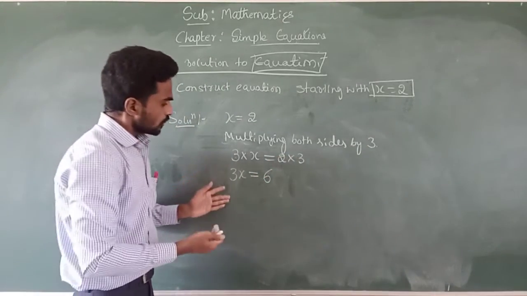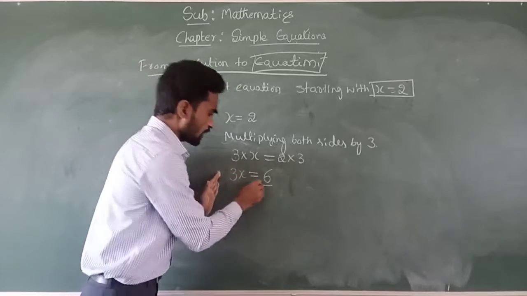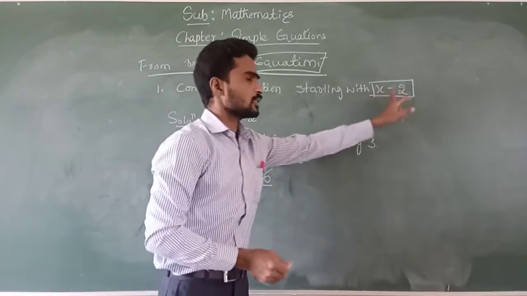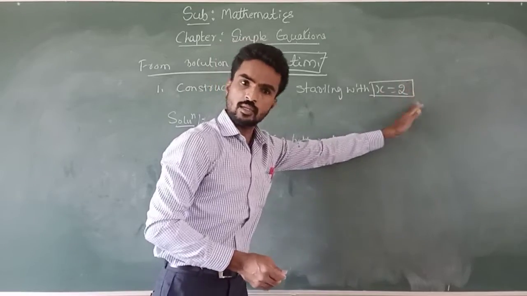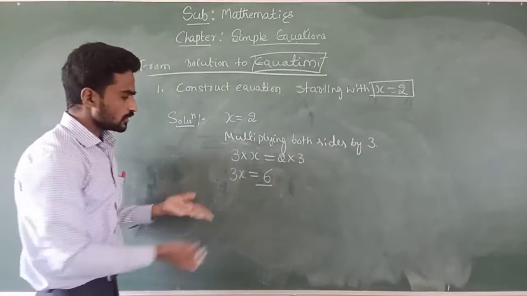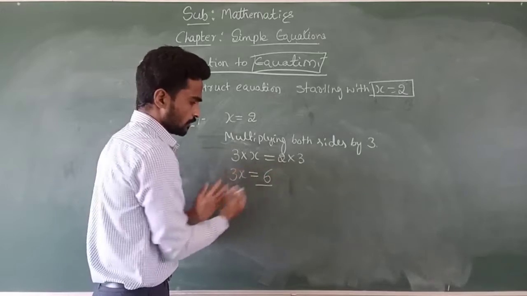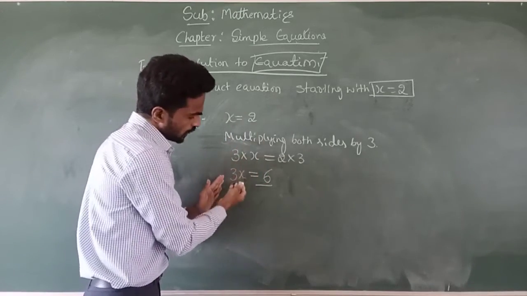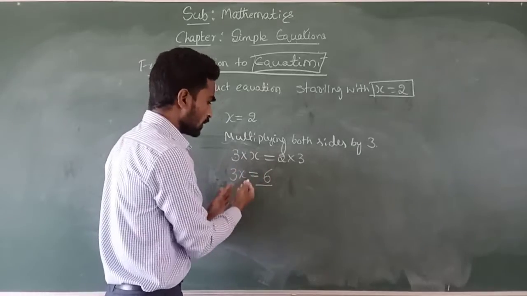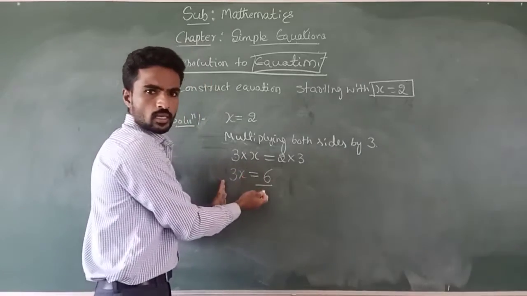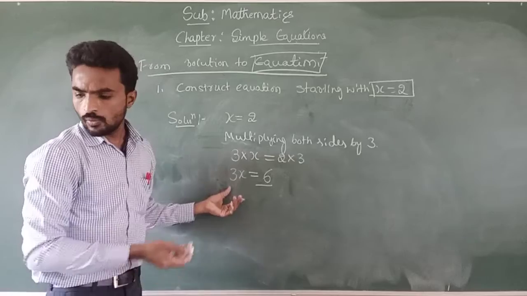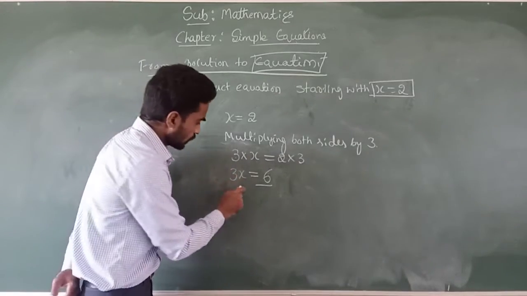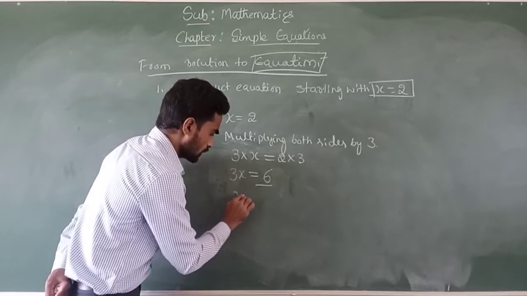This is also one equation. For this equation, x is equal to 2 is the solution. Otherwise, you can subtract any number from this equation. Otherwise, add the same number on both sides of the same equation. I will add 2 to both sides.